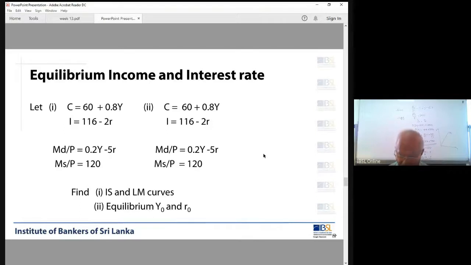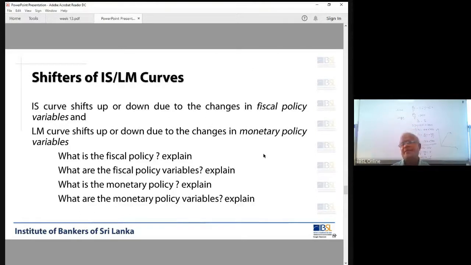Then shifters of the IS and LM curves. Like in microeconomics, remember we have the demand for fish and supply of fish curves. If the number of fishermen increases, the supply curve shifts, fish supply increases, and fish price decreases. If more and more people want to eat fish, demand increases, the price of fish increases, and quantity increases.